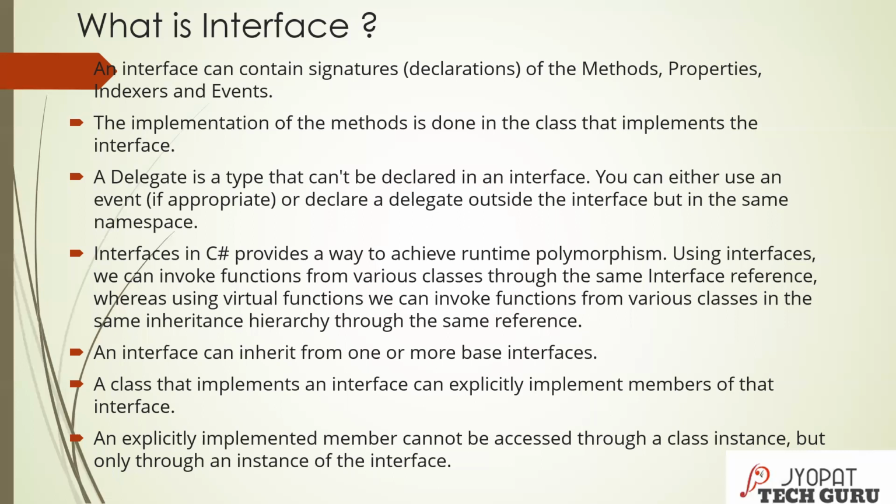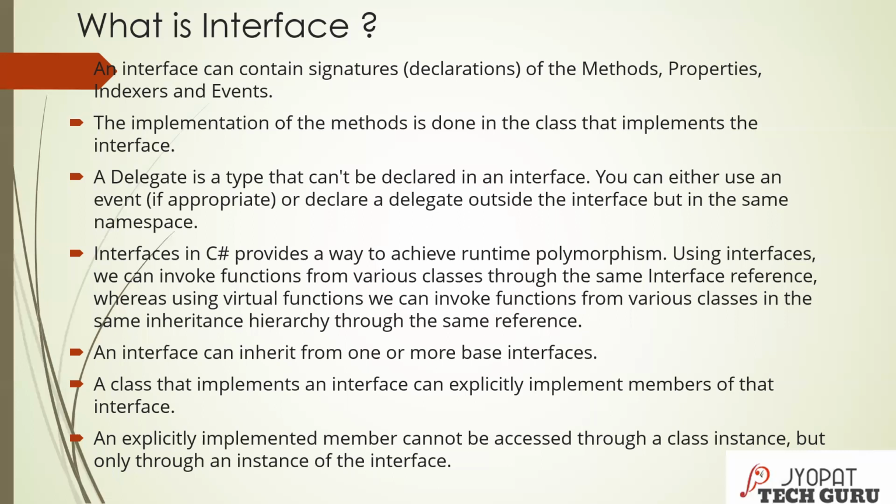Usually the namespace is the one which has the collection of classes. A namespace can have enumerations, classes, structures, as well as interfaces and delegates, everything you can define. So if you want to define the delegate, it should be outside the interface, but inside the namespace.